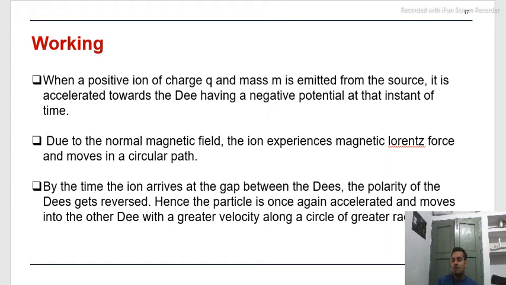By the time the ion arrives at the gap between the D's, the polarity of the D's gets reversed, so that the particle keeps accelerating, and its speed keeps increasing again and again. The particle is once again accelerated and moves into the other D with a greater velocity along a circular path of greater radius.